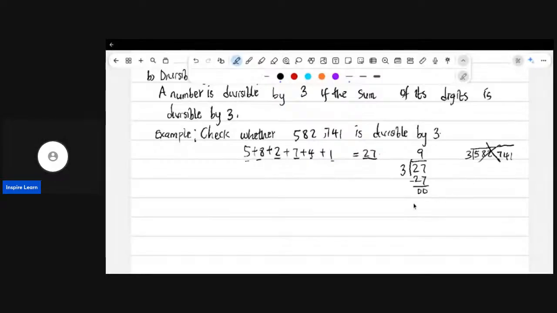That is wrong. You're just supposed to add the digits, and if the number you get is a multiple of 3, then that means the number is divisible by 3.